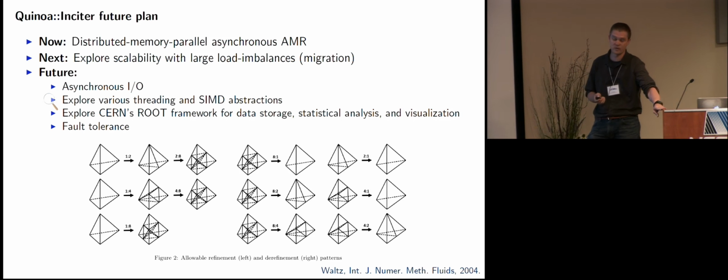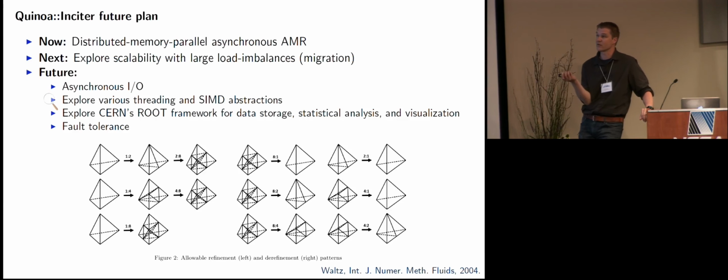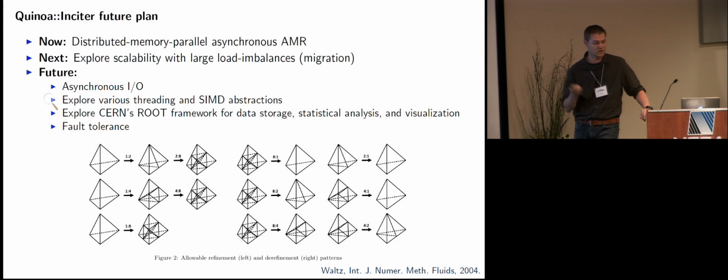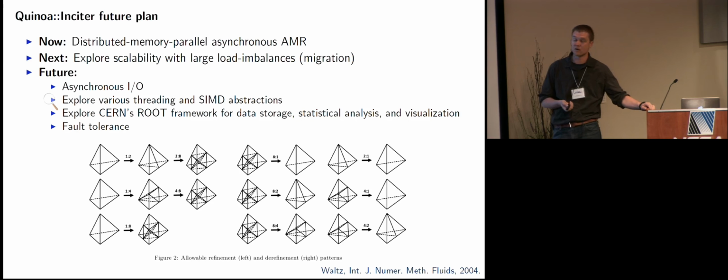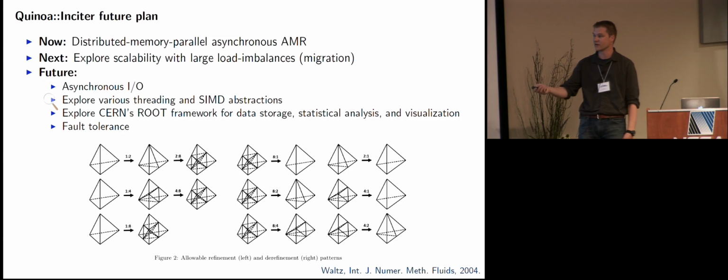Vectorization abstractions will be something a couple of students work on this summer. And also we want to explore ROOT. That's a framework coming out of CERN for very large data storage and statistical analysis and visualization. And by the end of the project, we promise that we would like to demonstrate fault tolerance. We just want to rely on Charm++. And also we want to teach that to ourselves, how to use it. And these are just the different refinement cases.